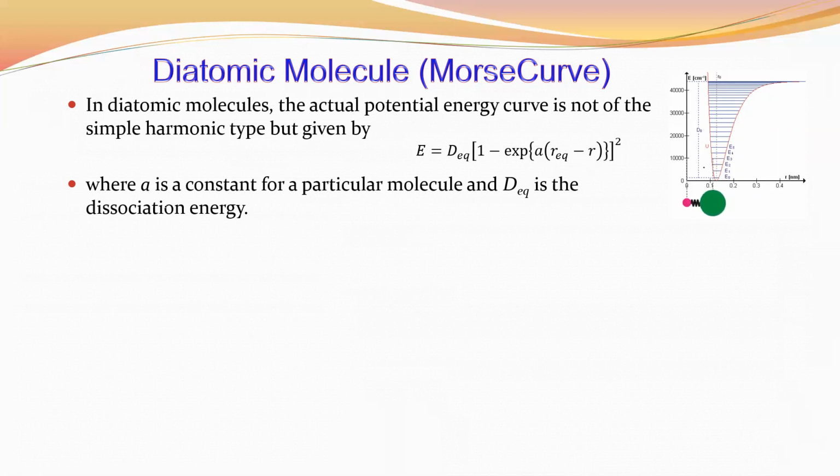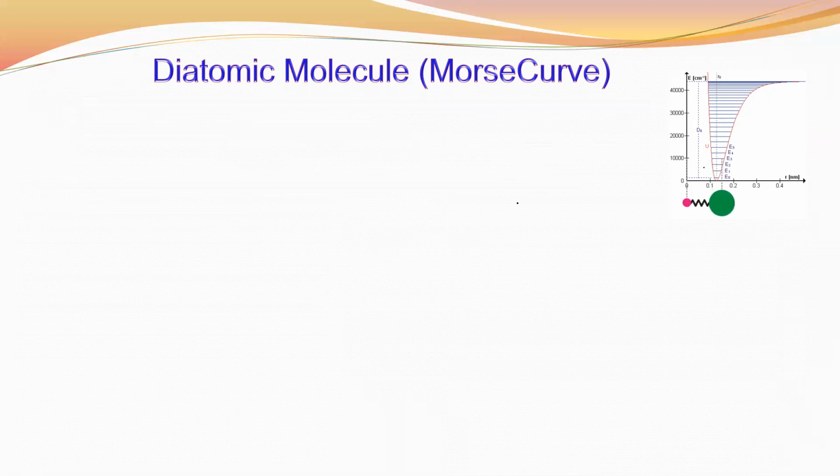Here A is a constant for a particular molecule and D e is the dissociation energy. So this potential energy is proposed by Morse, and we call this potential energy curve the Morse curve.